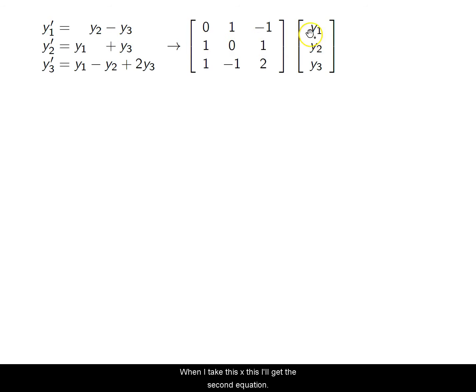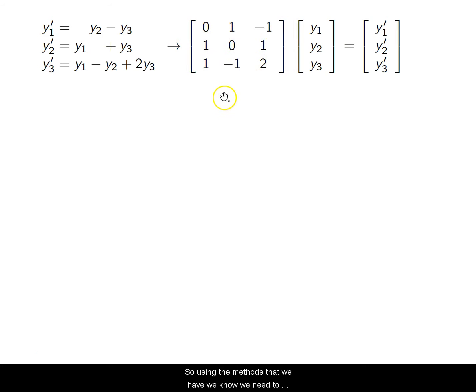When I take this times this, I'll get the second equation, and that will equal y2 prime. When I take the last one times this, I will get my y3 prime. Okay? So I set it up as an equation, and now I'm only going to work with the coefficient matrix. This is what I'm going to work on in order to solve this problem.